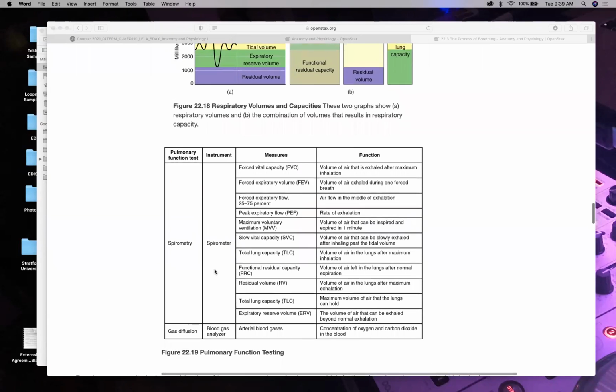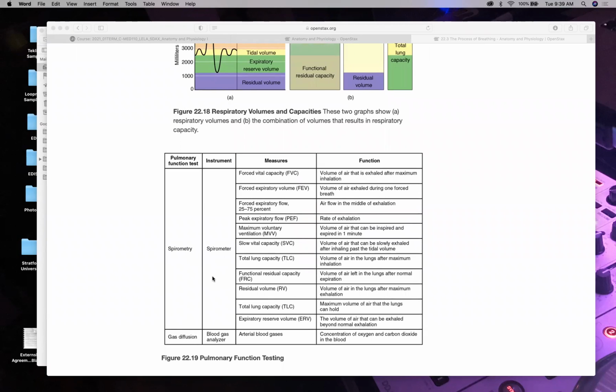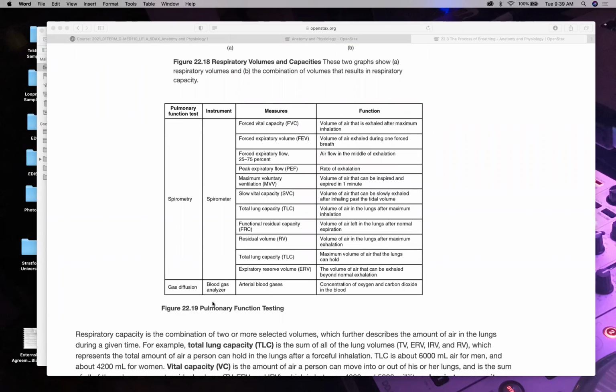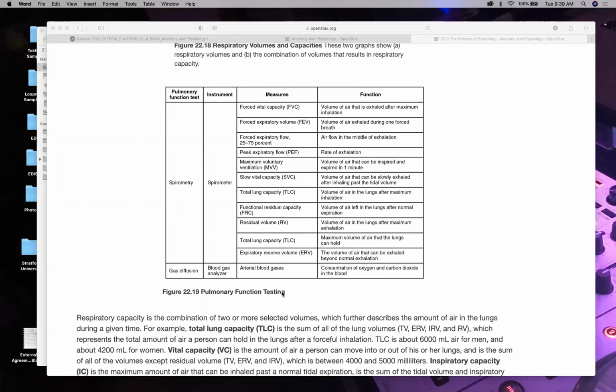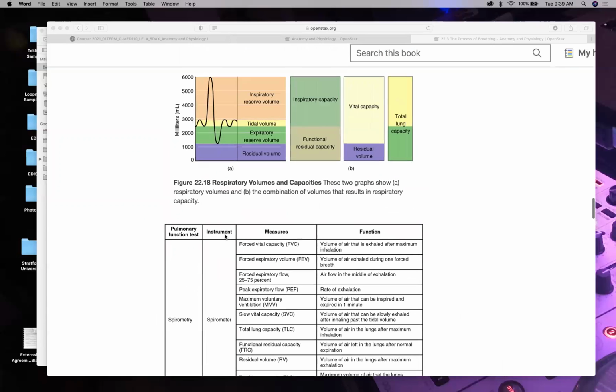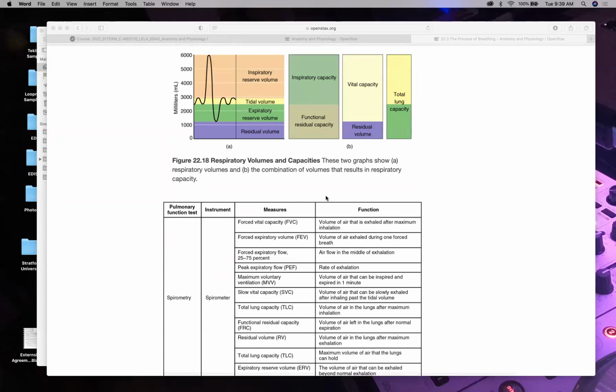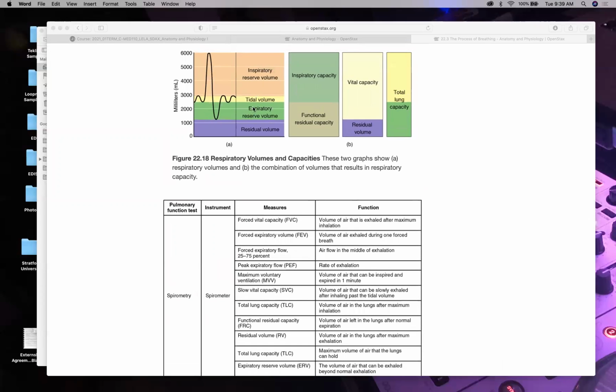Arterial blood gas measures 3 things: the amount of oxygen, the amount of carbon dioxide, and the pH, or the acidity or alkalinity of blood, which is important in how the blood either keeps or lets go of oxygen and carbon dioxide.